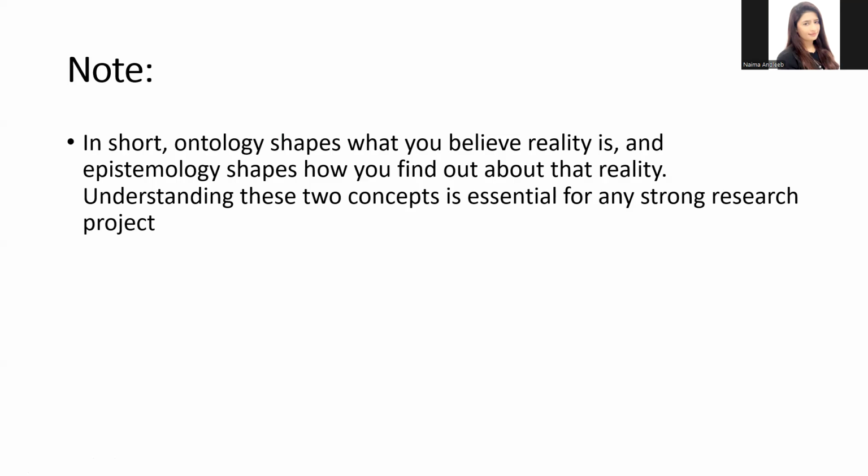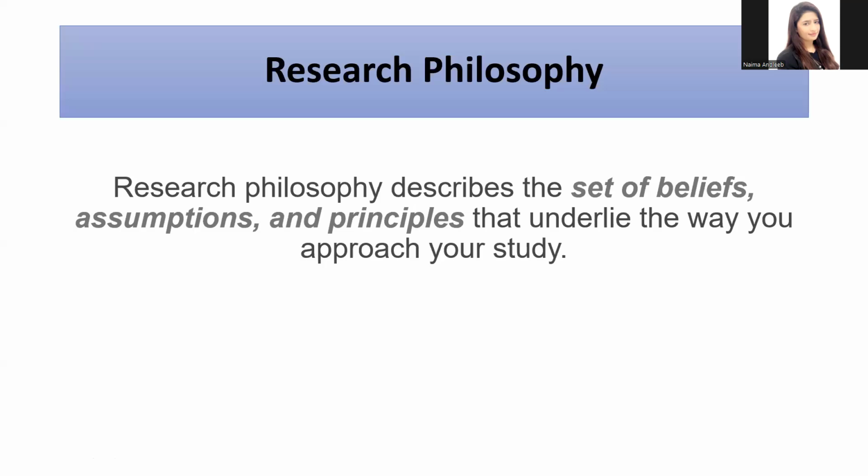Ontology shapes what you believe. Epistemology shapes how you find out what the reality is. Understanding these two concepts is very important for conducting a strong research project. This is the definition that we covered at the start: a set of beliefs, assumptions, and principles you should keep in your mind.